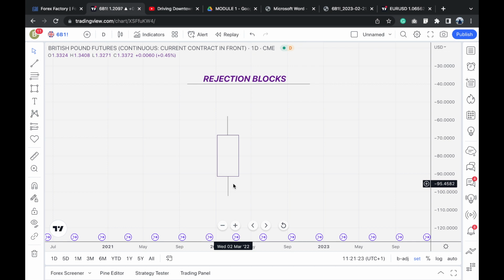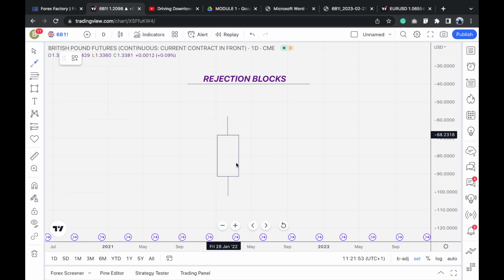Now in interbank terms, whenever we see the wicks of a candle, we view that as the fluff. So when I say fluff, I mean we're not really interested in the wicks of the candle. We're more interested in the body of the candle. Now the question is, why are we interested in the body of the candle? Because the body of the candle is where the bulk of liquidity inside the candlestick is done.